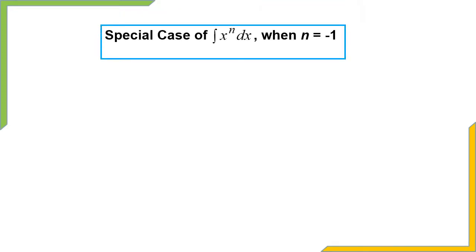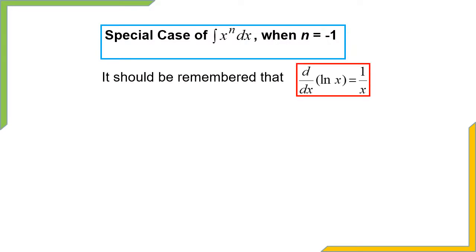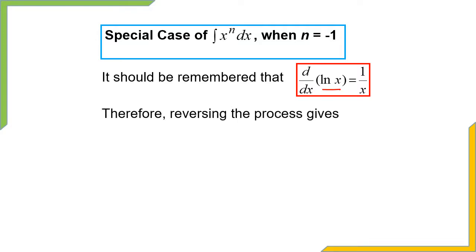So, special case of x power of n with respect to x when n equals negative 1. So we have the basic rule where n must not equal negative 1, right? But what if n equals negative 1? It should be remembered that when we differentiate natural log of x, we get 1 over x. So the antiderivative of 1 over x, the reversing of it, will give you the integral of 1 over x with respect to x equal to natural log of x plus c.